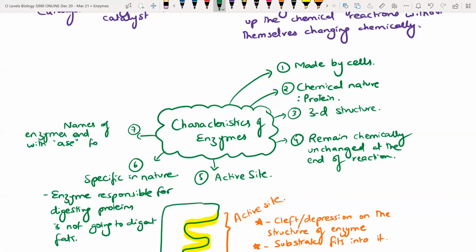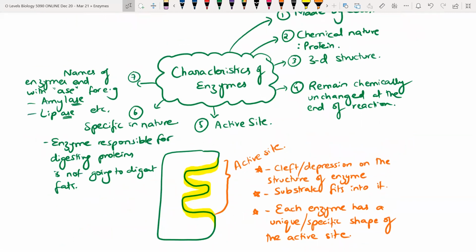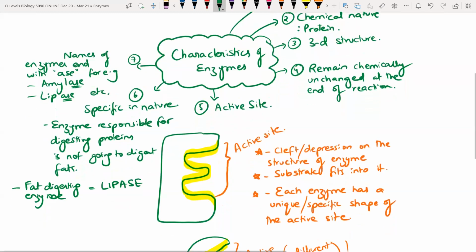For example, amylase, lipase, etc. Okay. Coming back to the sixth point, which was about the specificity, the fat digesting enzyme, its name is lipase, and of course it's of a different shape.